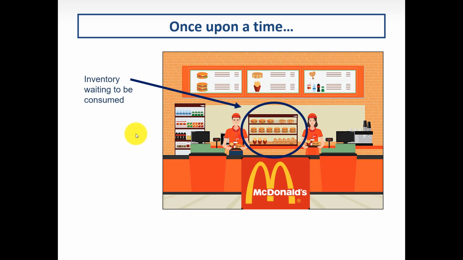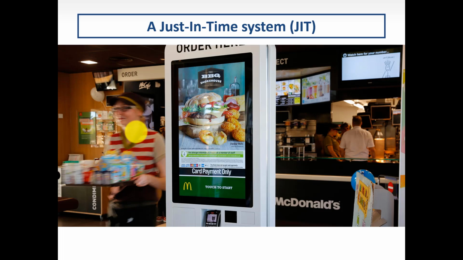But McDonald's changed that. Now, this picture might look familiar to you and very natural, because if you have been to McDonald's, the very first step that you do is you go to that screen. It's very attractive. I would recommend not to touch it directly, especially nowadays with the coronavirus, who knows. But step number one is to go there and order.